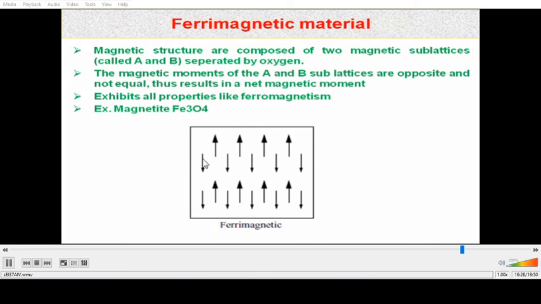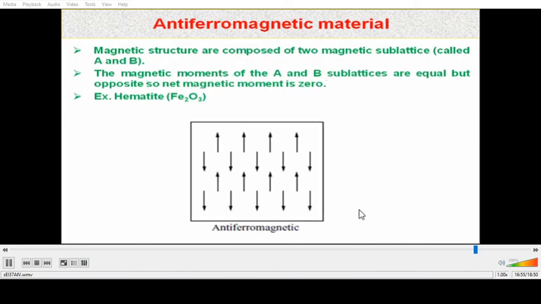One is in this direction, second in this direction, but with a different magnitude. So some magnetic moment will remain. Both will not completely cancel out each other's magnetic moment. So ferrimagnetic material will possess all properties similar to ferromagnetic material.